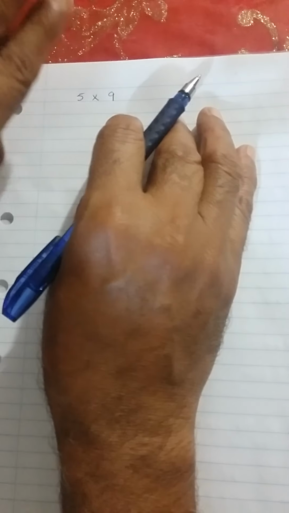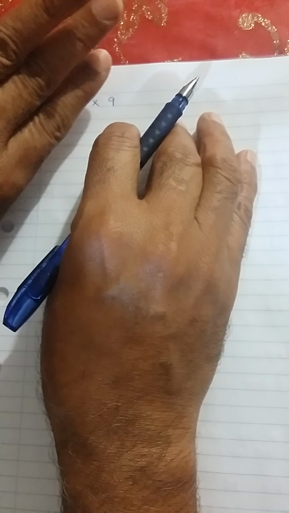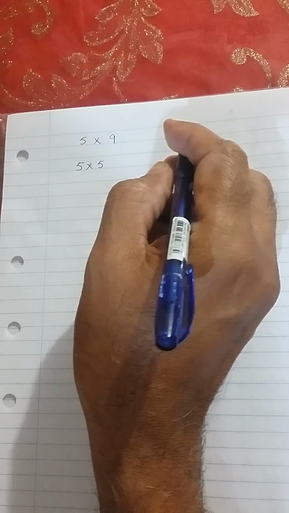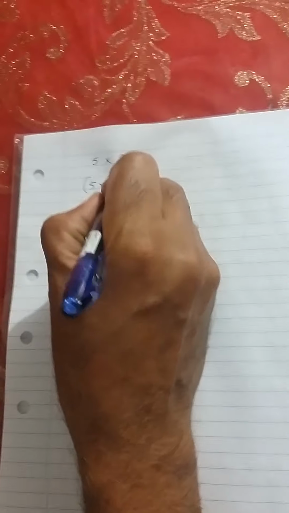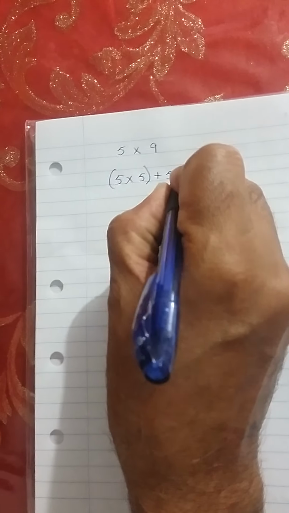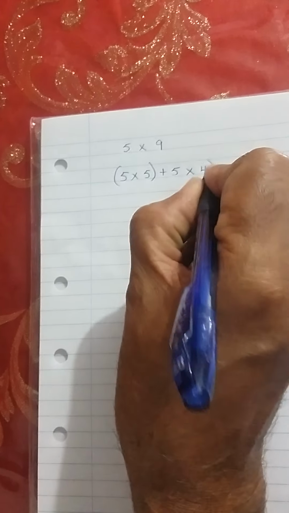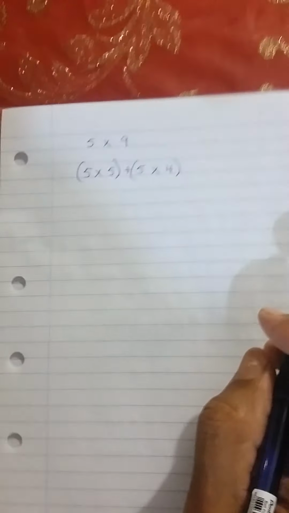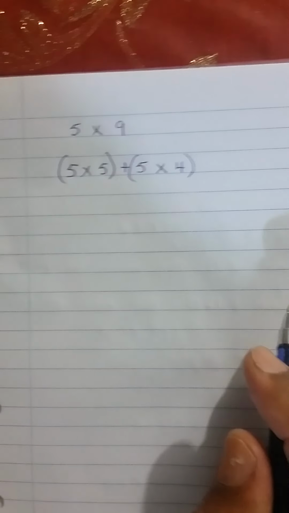So what I can do is distribute the 9. I can say, well, let me put 5 times 5, and then I would put 5 times 4. Look at that. I separated using a pair of brackets.